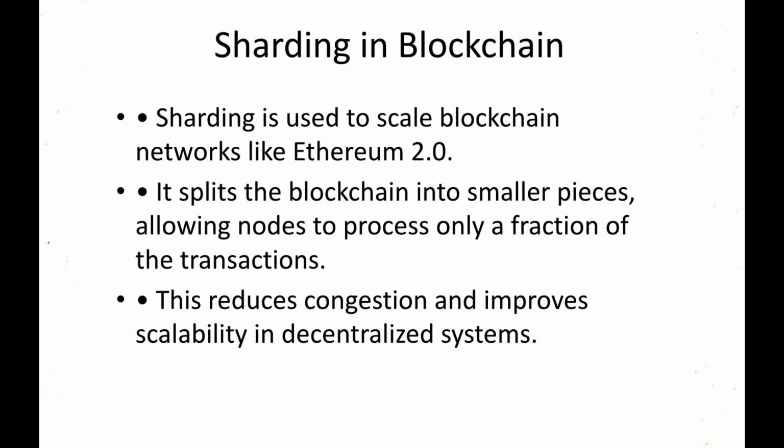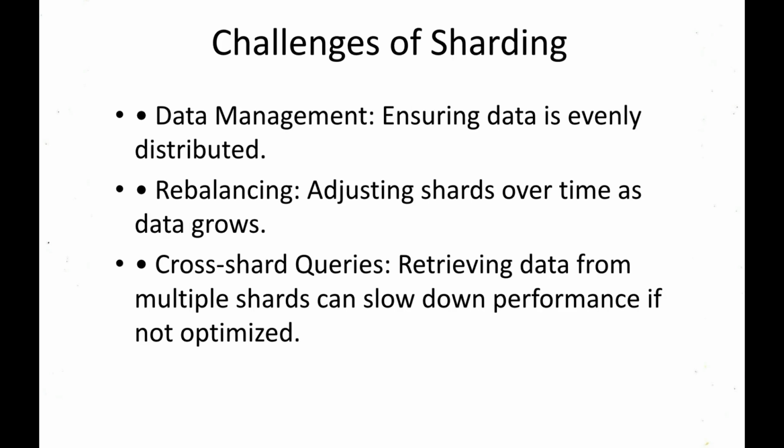Number two is mapping. The system keeps track of which data belongs to which shard. This way, when a user makes a request, it knows exactly which shard to retrieve the data from. And number three is distributing workloads. Each shard operates independently of the others, processing its own queries, storing its own data, and returning results when requested.